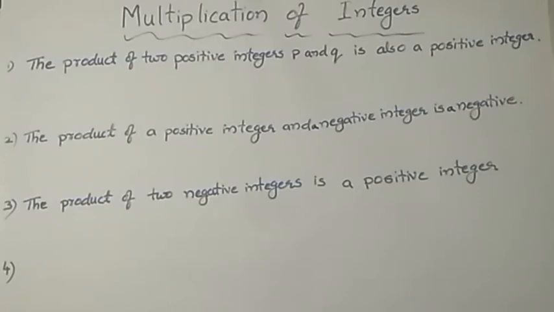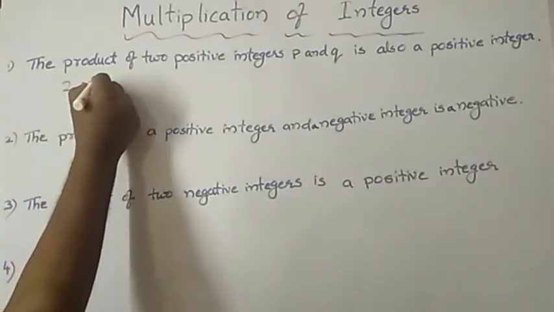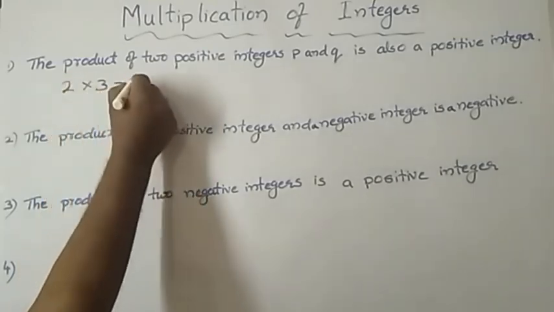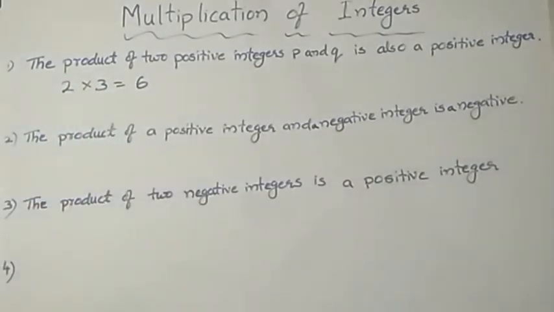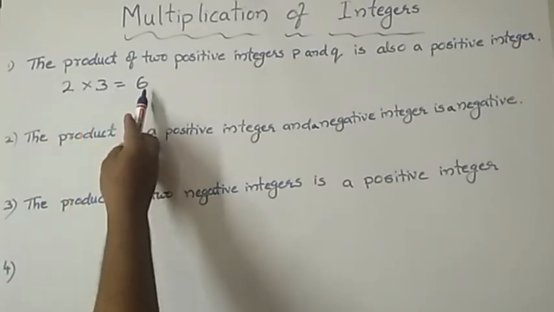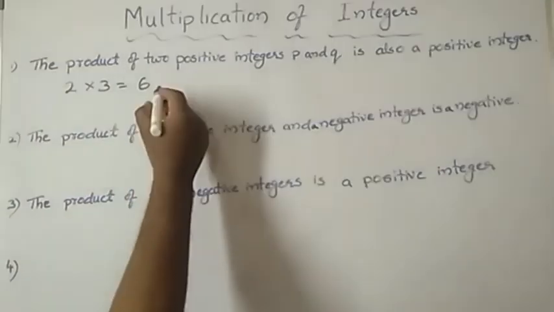Multiplication of integers. Product of the two positive integers p and q is also a positive integer. Here 2 into 3, 2 3s are 6. 2 is a positive integer and 3 is also a positive integer. Then the result 6 is also a positive integer.